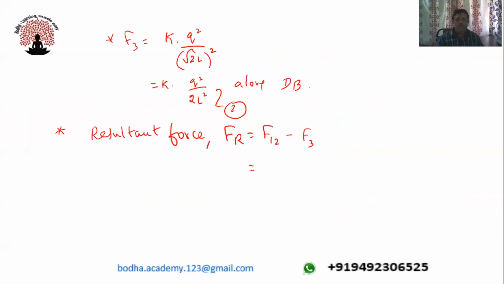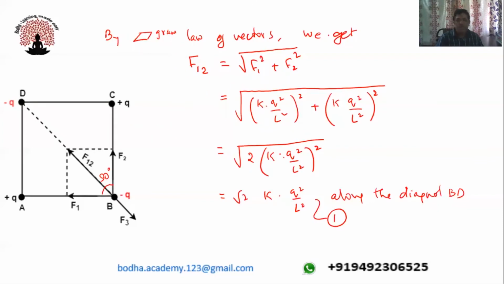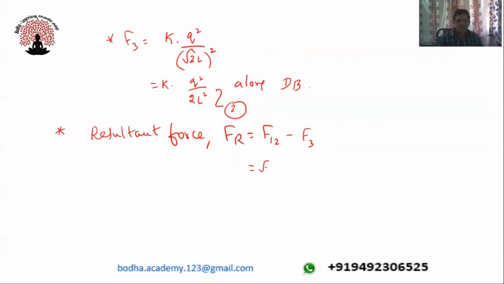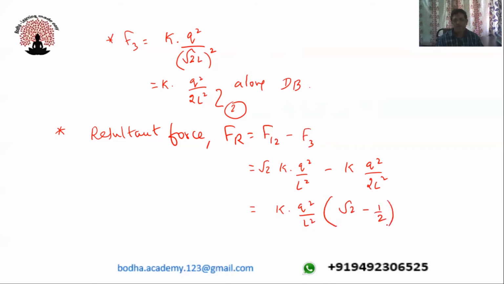So that equals root 2 K into Q square by L square minus K into Q square by 2 L square. On simplification we get K into Q square by L square whole thing into root 2 minus half. That equals 1 by 4 pi epsilon naught into Q square by L square whole thing into root 2 minus half, taking K as 1 by 4 pi epsilon naught. So this is the answer for this problem.